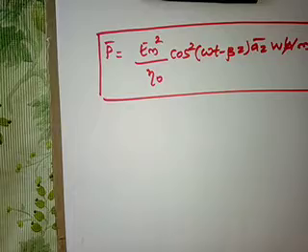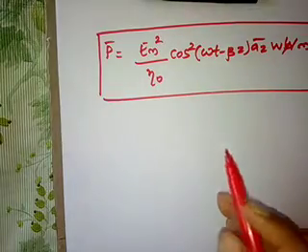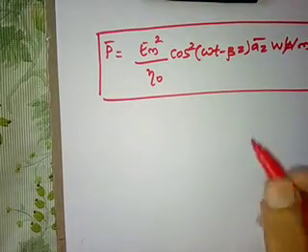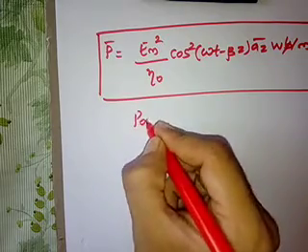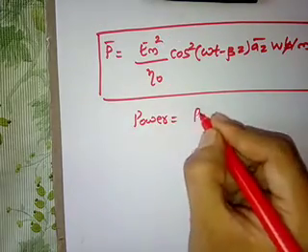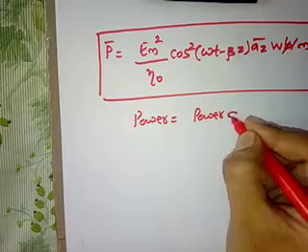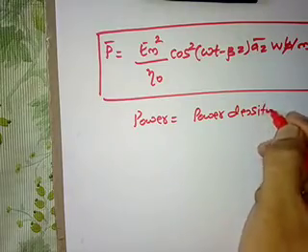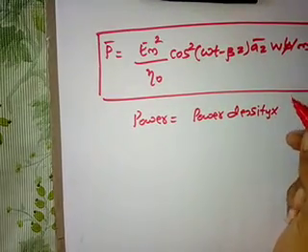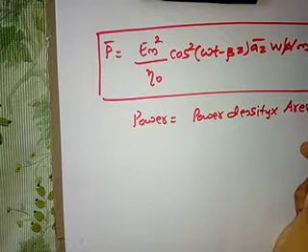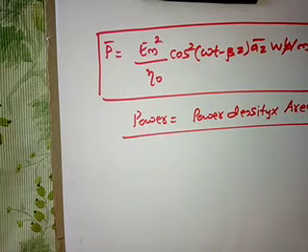So what does it mean here? Power density is power upon unit area, or power is equal to power density into area. Now what is average power density here?